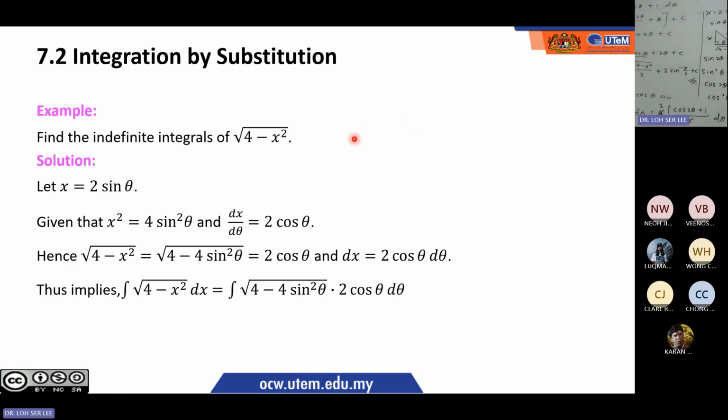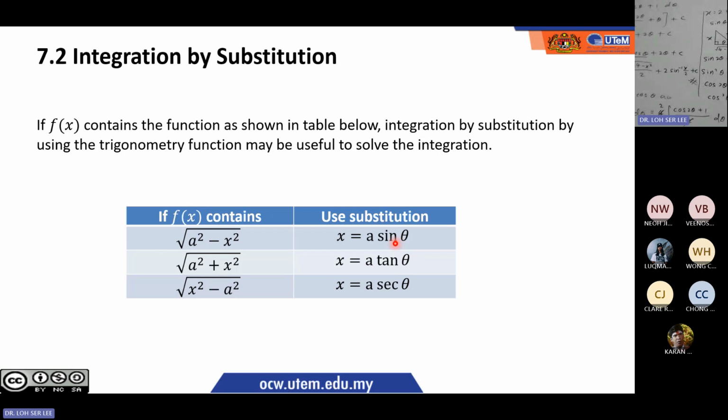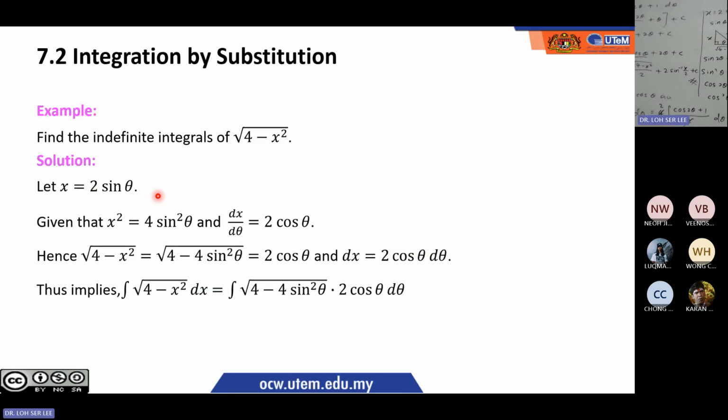Okay, so this is the process, so I make a summary. When you have this kind of function, we have to choose the correct substitution. Our question is 4 minus x squared. So a is 2, so we have to use x equals 2 sine theta.